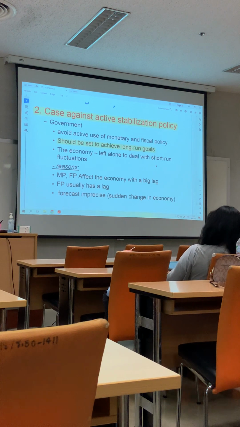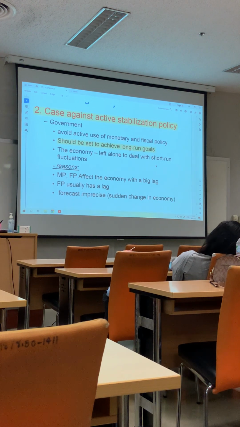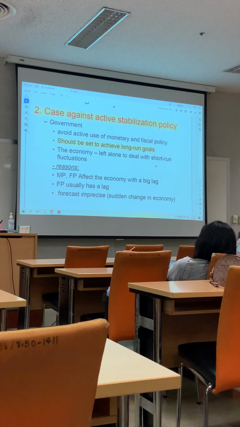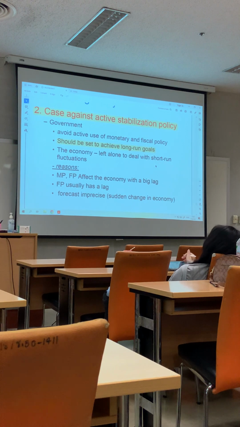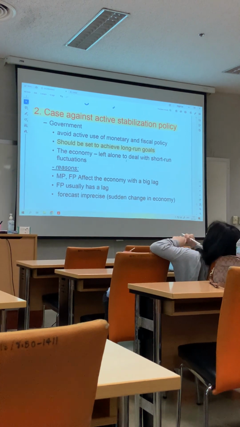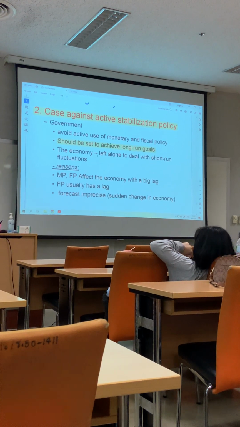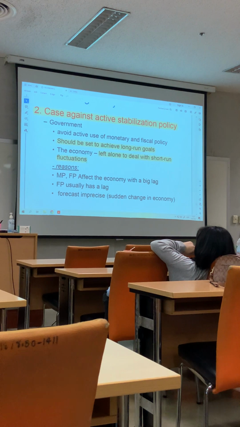Or even with an AD shift, in the long term it will go back. So we don't have to use any policy. And if left alone, the economy can deal with the short run fluctuation because it can go back to the same equilibrium. So this is the first reason.